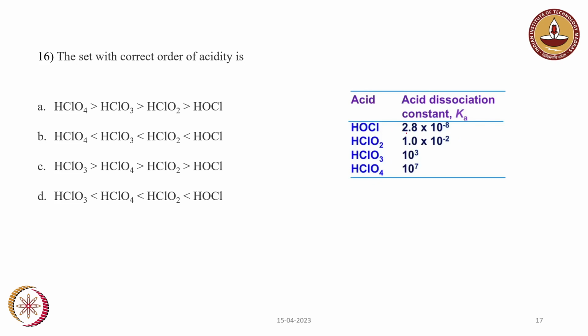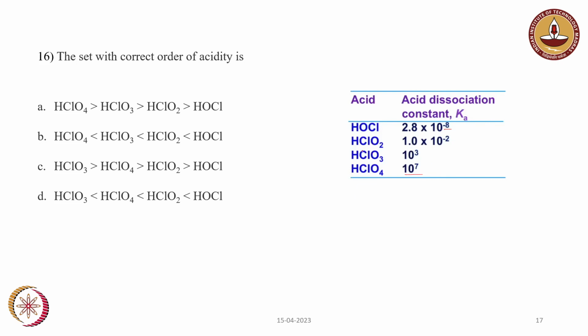So for HOCl, it's 2.8 times 10 to the power minus 8. And when it goes up to HClO4, it becomes 10 to the power positive 7. So it's a very high difference between these dissociation constants, from minus 8 to plus 7. It's almost a 10 to the power 15 difference.